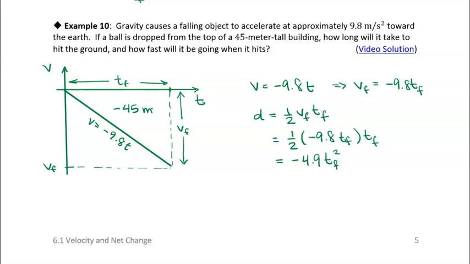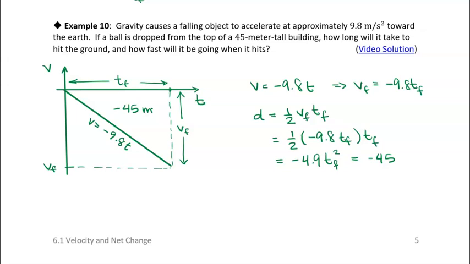But we were given that distance. It's going to hit the ground after it's traveled 45 meters, because that's how tall the building is, the measurement of the building from the ground. So we want to set that equal to negative 45 meters. All right, now we have an equation we can solve.